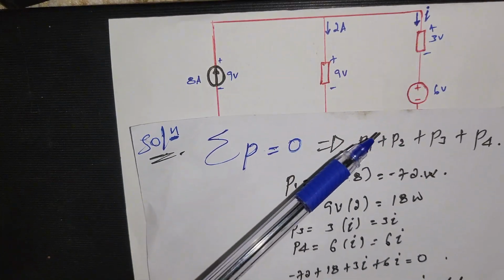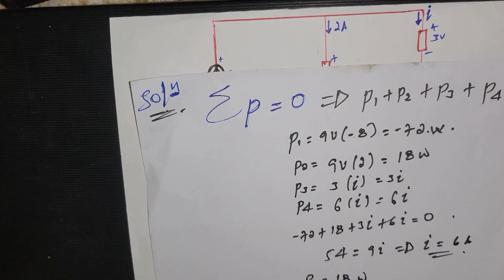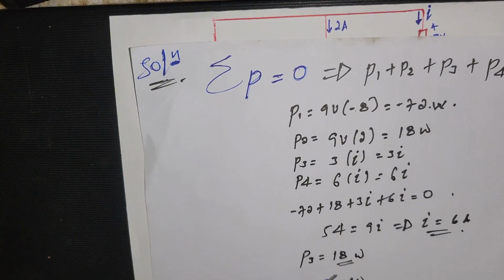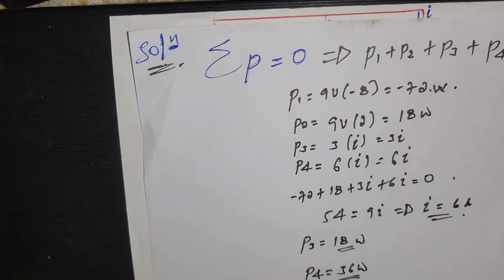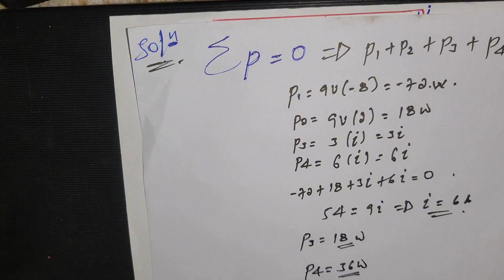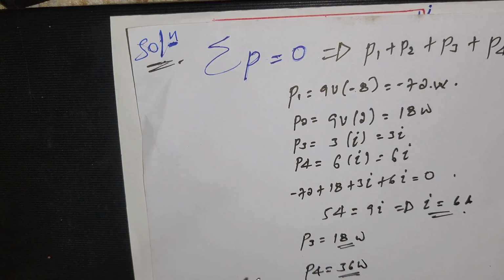From their polarities we can see that both are positive. So P3 is 18 watt and P4 is 36 watt. This is all of chapter 1. Thank you.